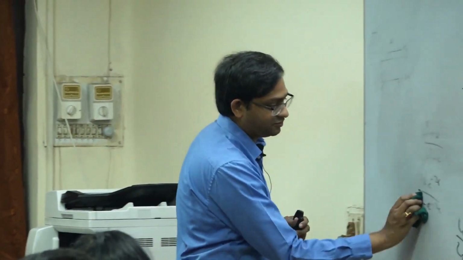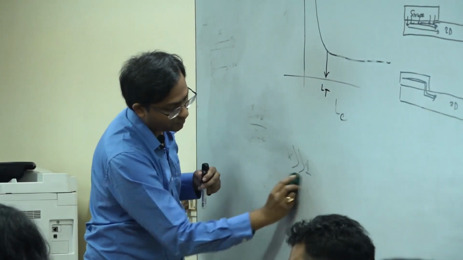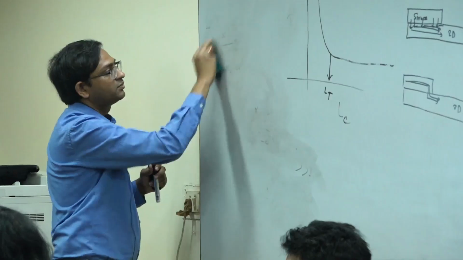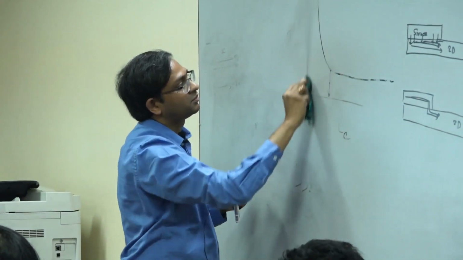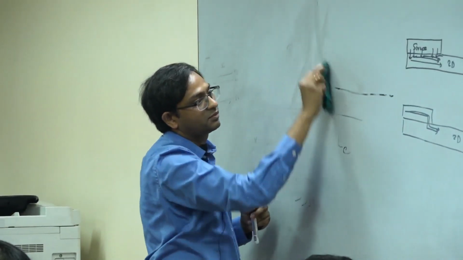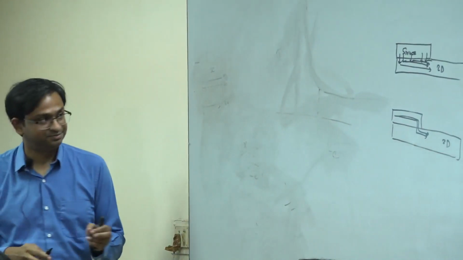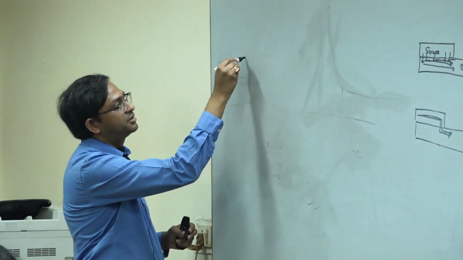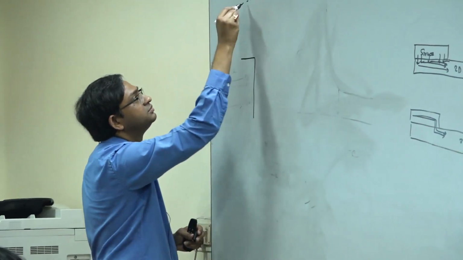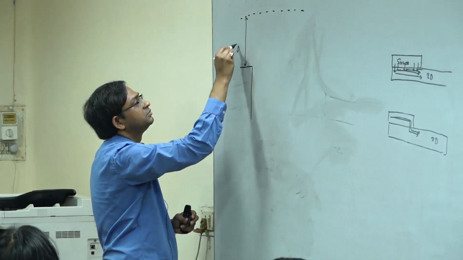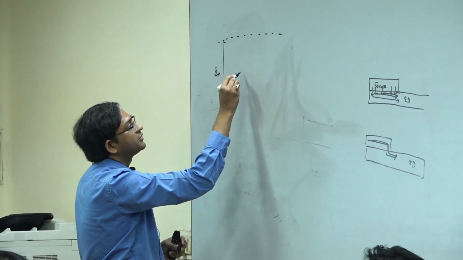Okay, so let me try to wipe this. Okay, so there are two basic rules. Okay, so what I have drawn is, here is the metal, right? So this is the vacuum level, phi m, and then we have the semiconductor.